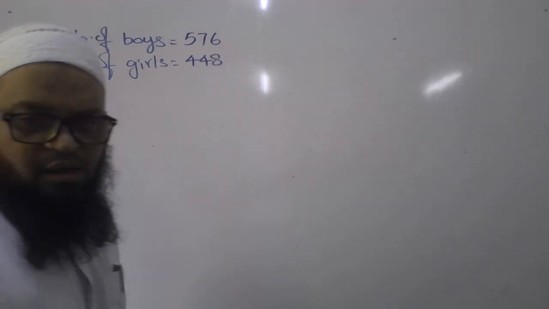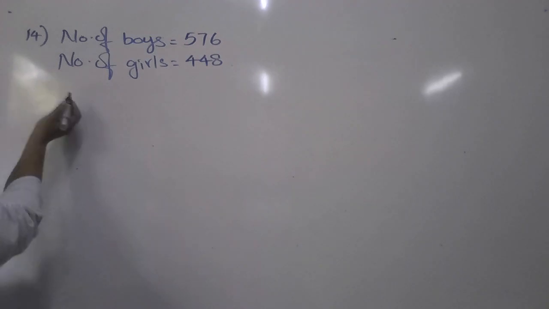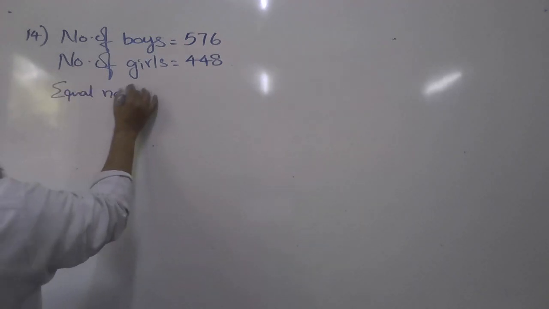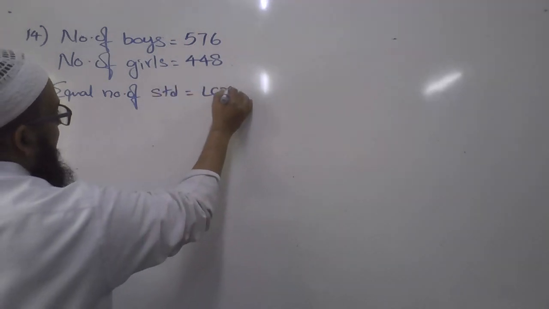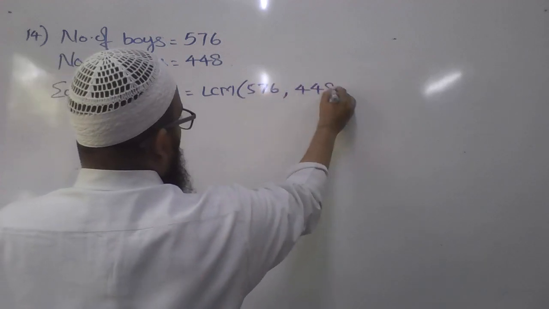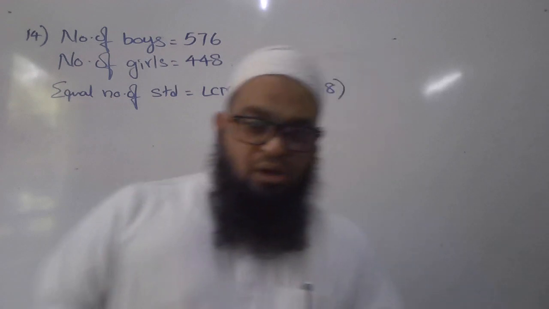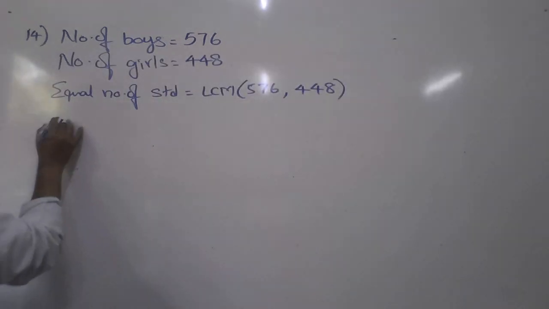That's fine, and they have to be divided. In order to divide into equal numbers of students, we have to find the LCM of 576 and 448. Equal number of students in sections. Understood or not? So now let us find the LCM of 576.